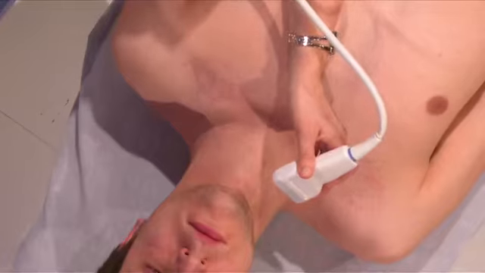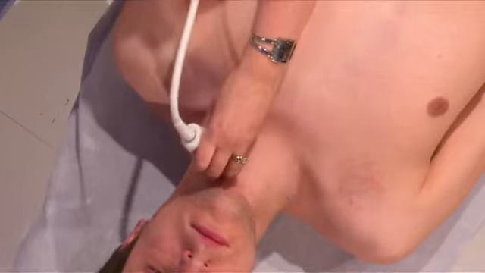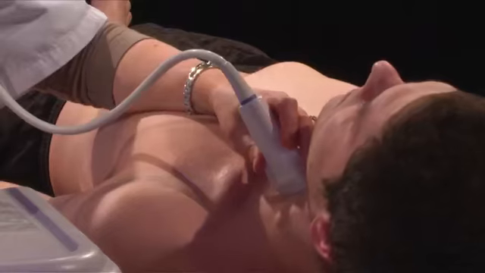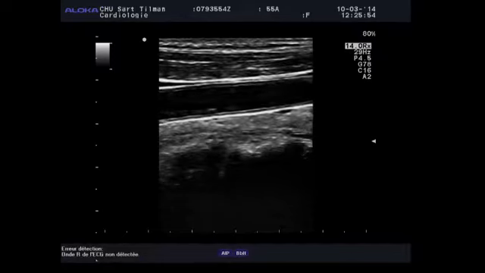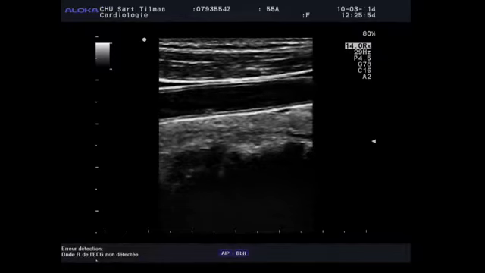Now we're going to move to the left carotid. And here you can recognize, I hope, the common carotid artery. It looks the same as the other side.